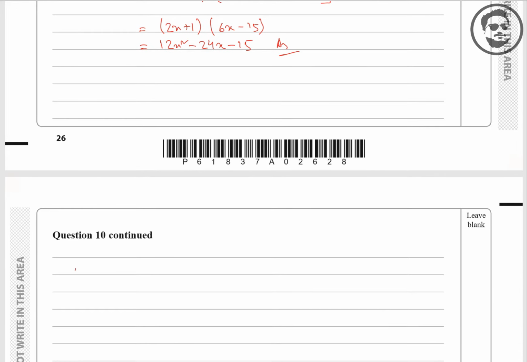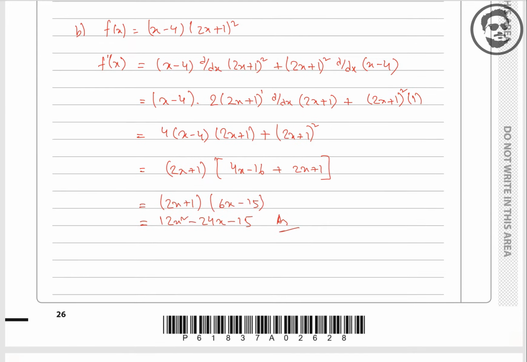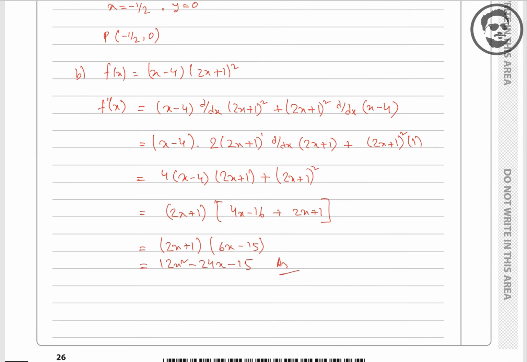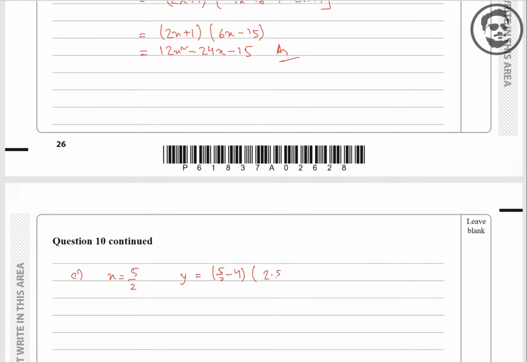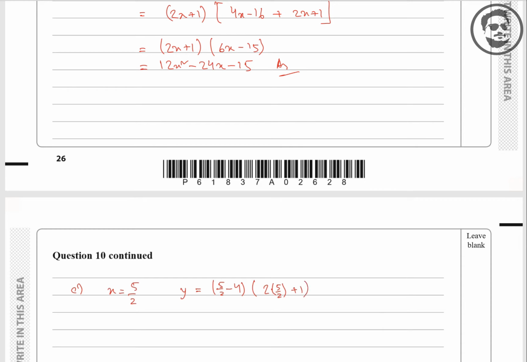So let's see, when x equals 5 by 2, y will be equal to (5 by 2 minus 4)(2 into 5 by 2 plus 1) whole square. So our y will be minus 54.